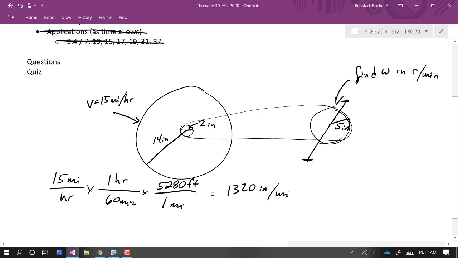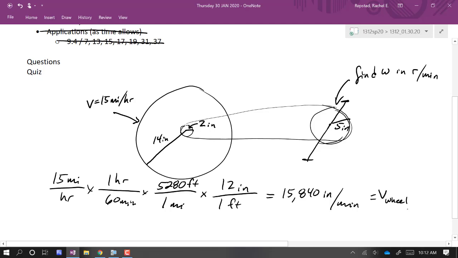Oh, never mind. Hold on, I'm not done. 1 foot, 12 inches, times 12. A lot. 15,840 inches per minute. Okay, so that's V, the linear velocity for the wheel.